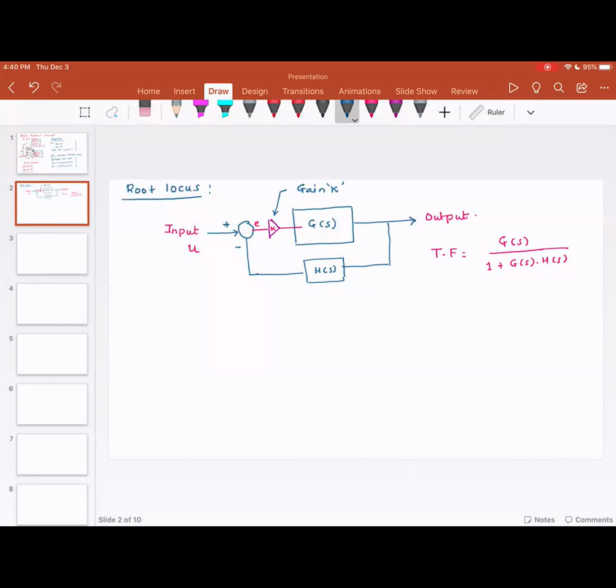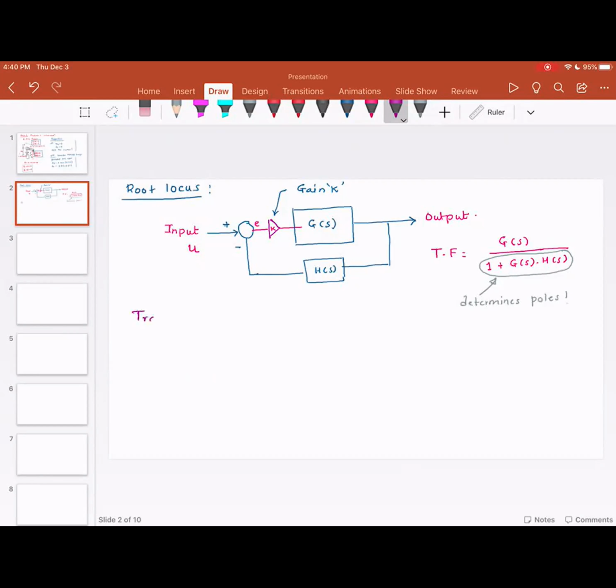Now, please understand that the poles of the original system are governed by this equation. So this determines the poles of the transfer function. Once I add this gain, my transfer function changes.